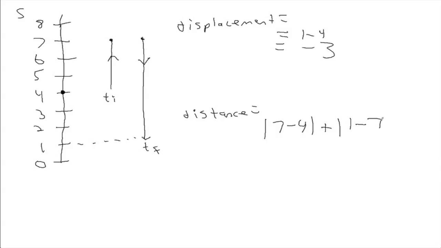Good. Final minus initial is the best way to write it. Right. Final minus initial. Good. And that will be 3 plus 6, and that is 9.